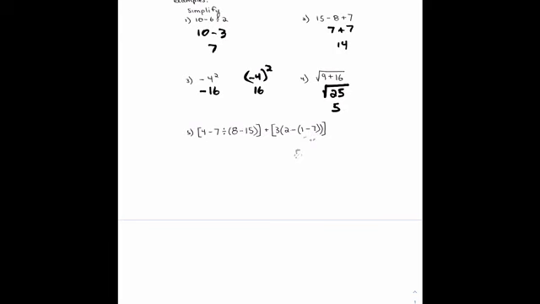So what you should be doing is, okay, what's the first thing I do here? Well, I'm going to do the innermost parentheses first. So the rest I'm just going to copy down. So it's 4 minus 7 divided by, and 8 minus 15 is negative 7. And be very careful not to draw parentheses. Plus, and here again, I'm going to do the innermost parentheses. We have 3 times 2 minus negative 6. Okay, next, what would I do?